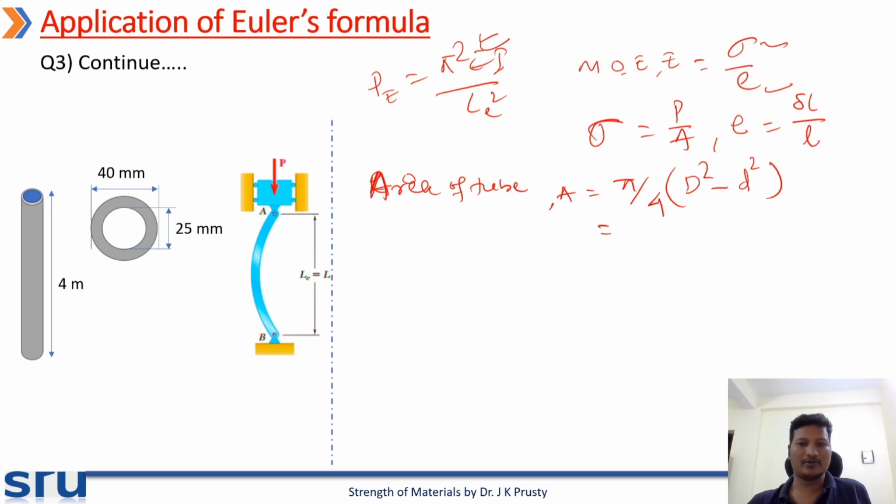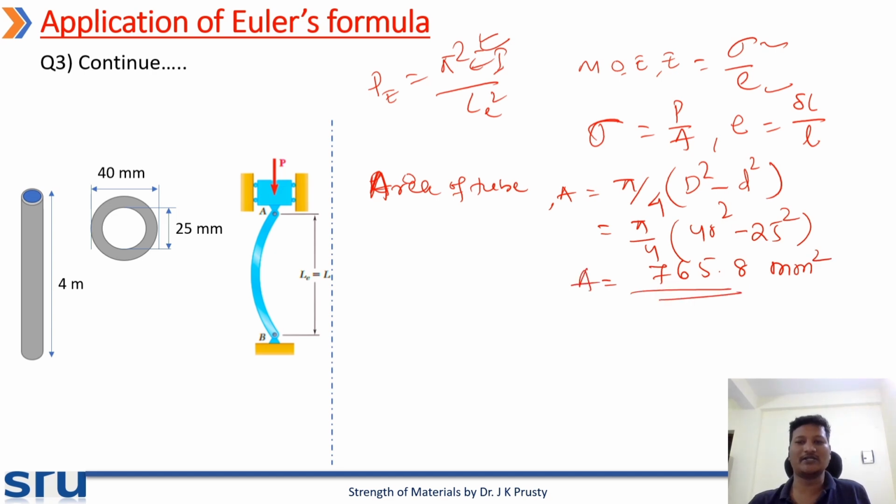We calculate this: pi by 4 into 40 square minus 25 square is equal to 765.8 mm square. So the area of the tube is calculated as 765.8 mm square.